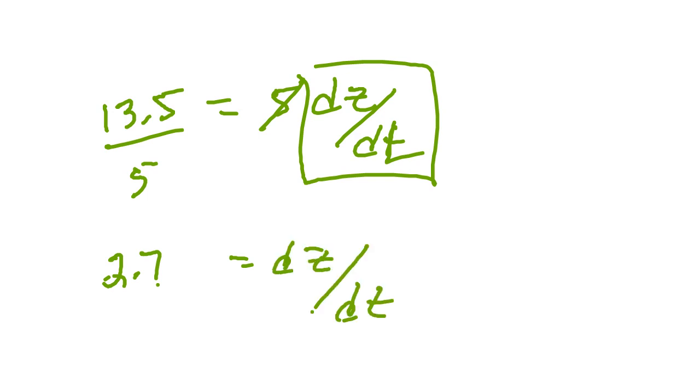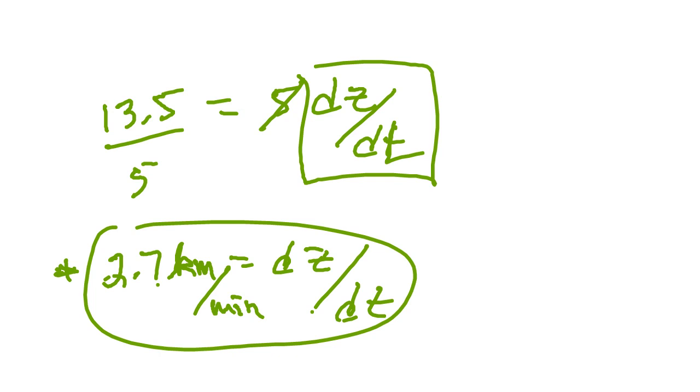Now, of course, we always want to label this, but what is the rate of change of z? z is a distance, right? So the distance is measured in kilometers, and change in time, dt, is being measured in minutes. And of course, this is a positive result here. Well, what does that mean?